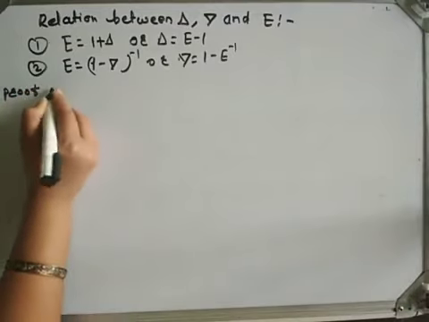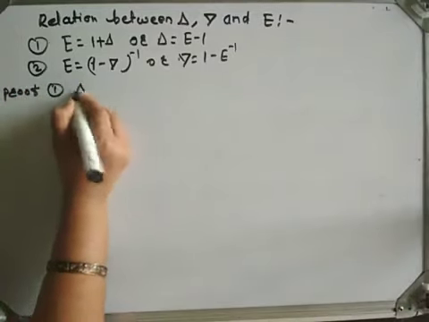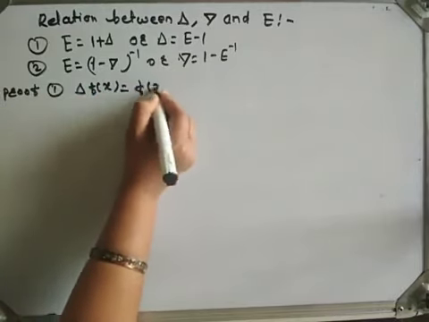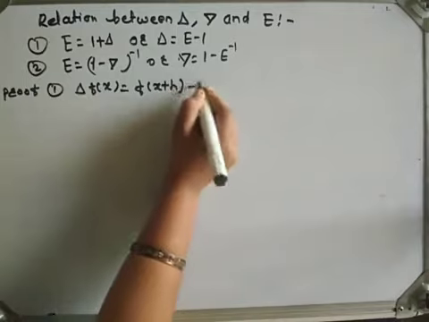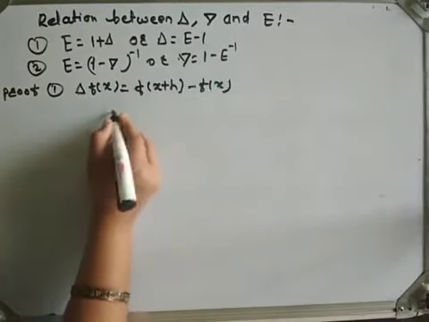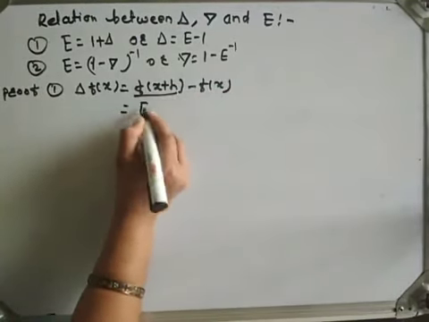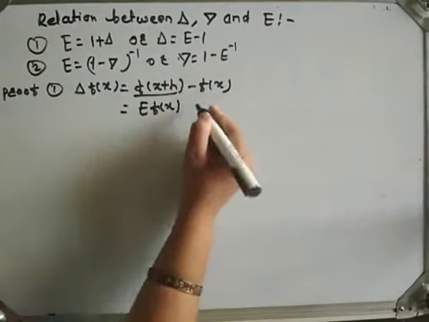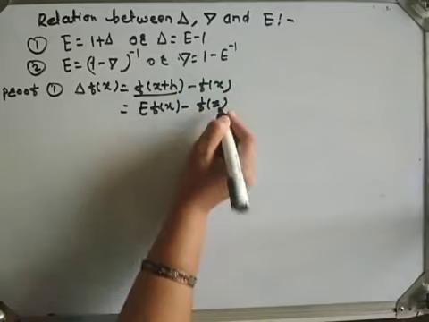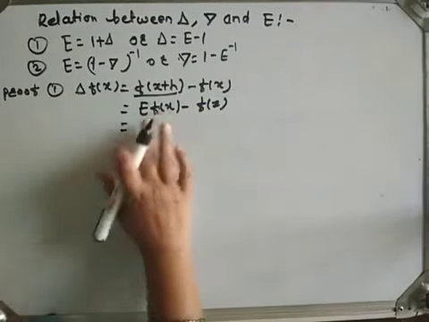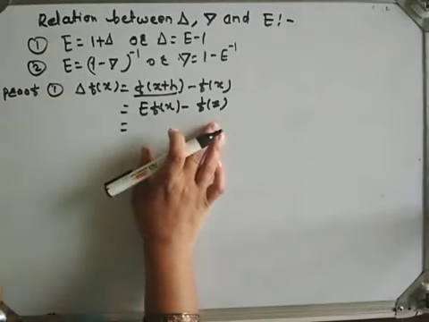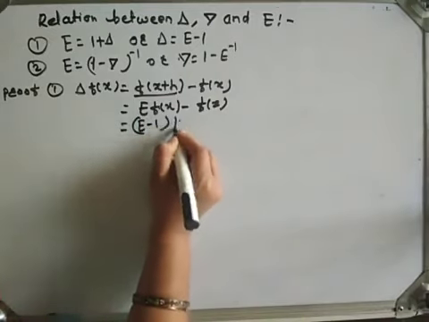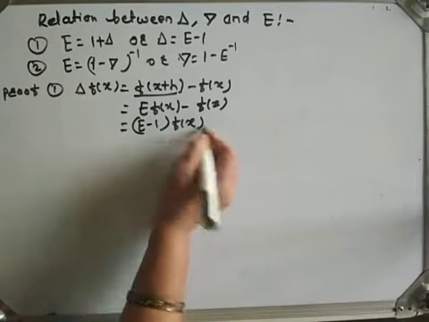Proof of the first relation: delta of f of x. We know that it is f of x plus h minus f of x, which is E of f of x minus f of x. In these two terms f of x is common, so take it outside. In the bracket remains E minus 1 into f of x.